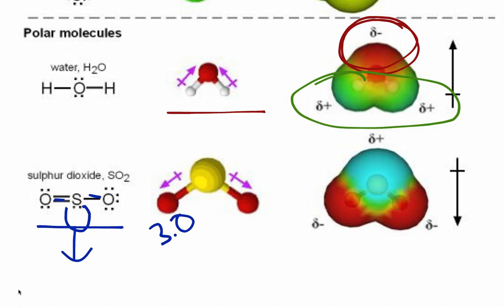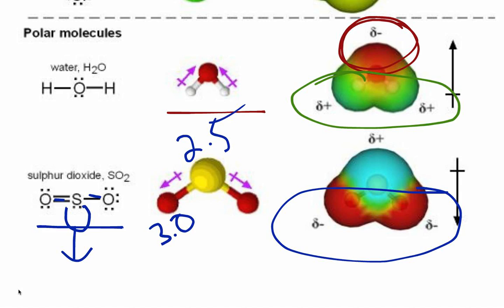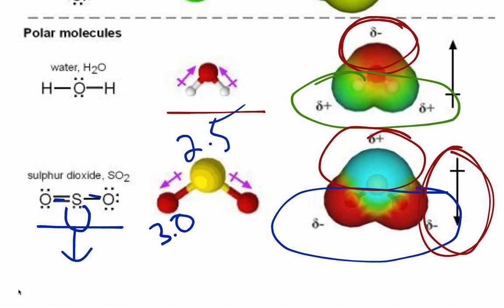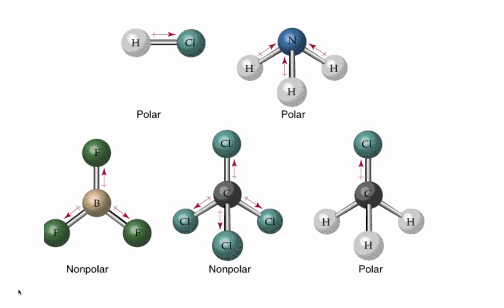Again, oxygen is about 3.0. Sulfur is about 2.5, so there is an electronegativity difference, and because of the bent structure, those electrons can be concentrated on the oxygen side, and the sulfur side ends up being partially positive. So these compounds are polar molecules, and they have what we call a molecular dipole.